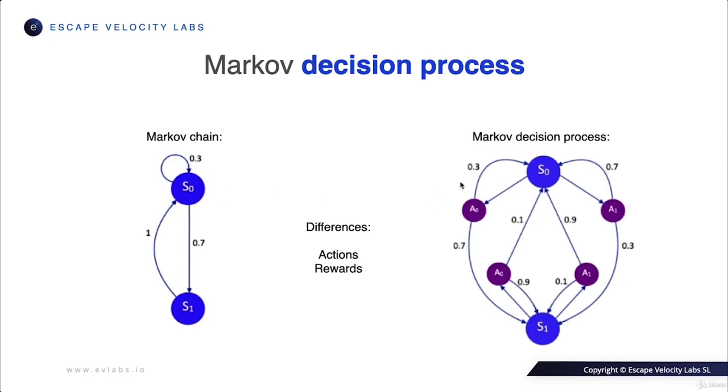The Markov decision process is a similar kind of process that incorporates actions and rewards. In this example, the process starts in the state S0, and the agent must take an action, either A0 or A1, and based on a set of probabilities can either change its state to S1 or remain in S0.